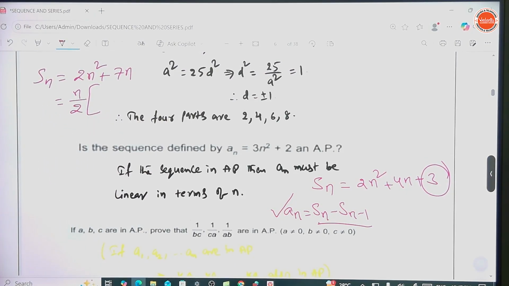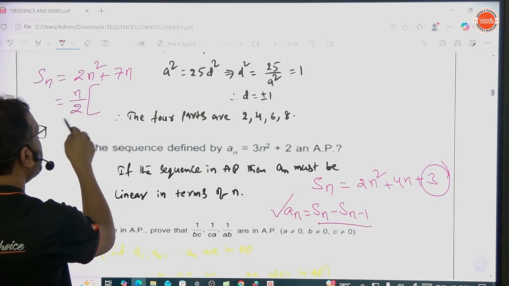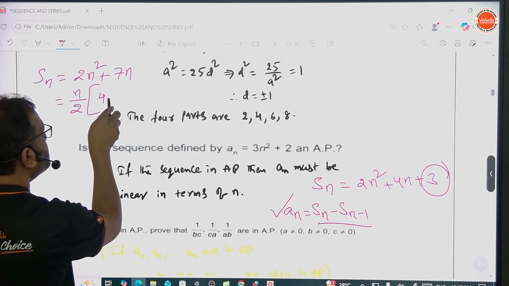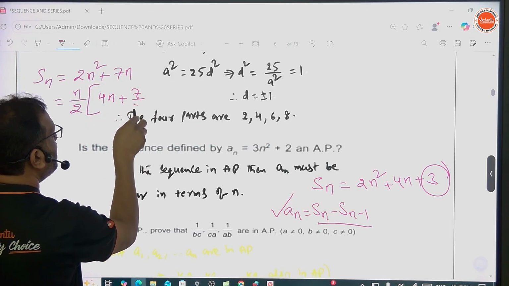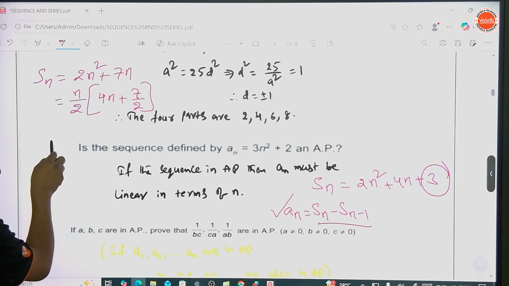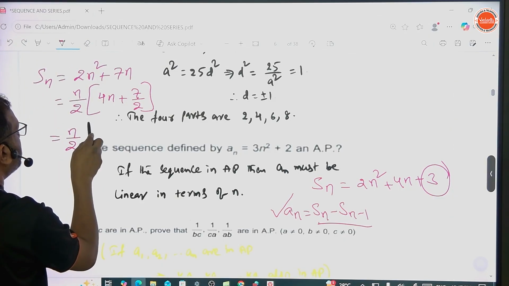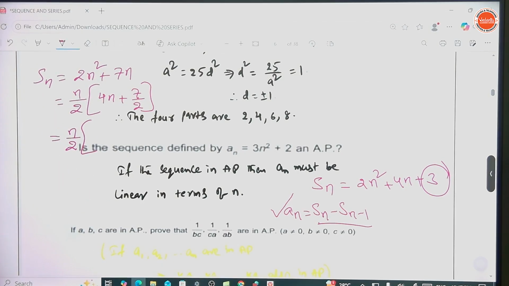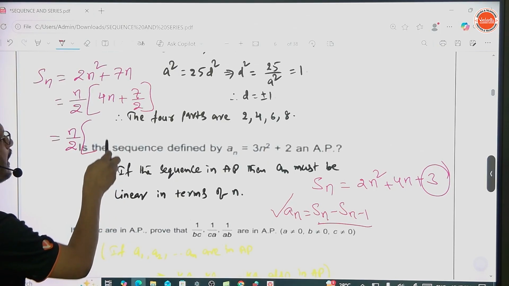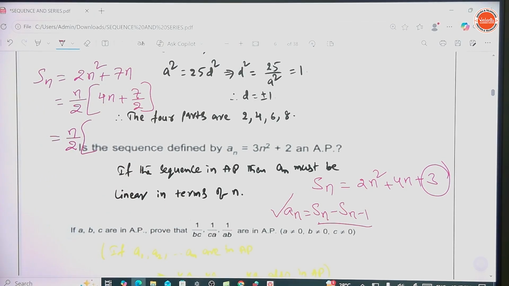But without finding them, generally how will we do it? We know the formula n by 2 into (2a plus (n minus 1) into d), right? So if I take n by 2 common, what will we get now? (4n plus 7) by 2, right? Next, n by 2 into (2a plus (n minus 1) into d).